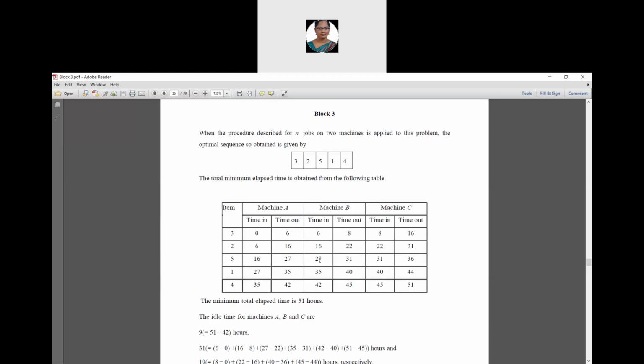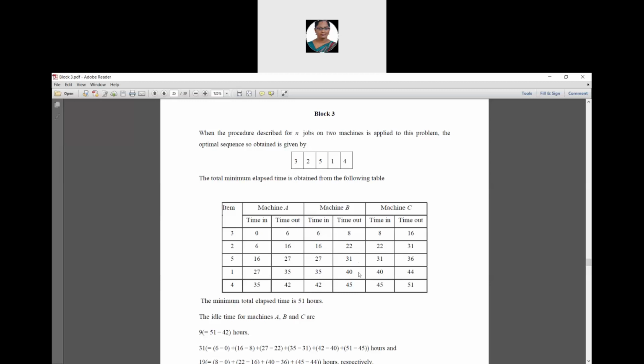So here 27 plus the processing time for job 5 in machine B, which is 4. So 27 plus 4 is 31. Then the maximum of 31 and 35 is 35. Write it here, and the out value is calculated by 35 plus the processing time for the first job in machine B, which is 5.